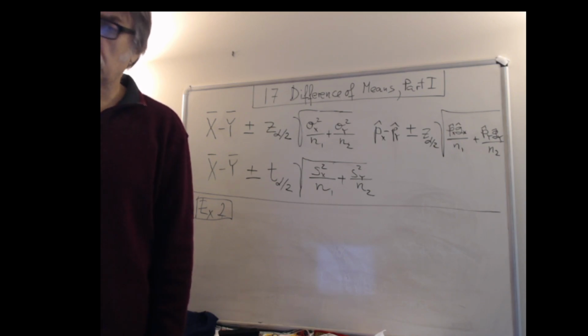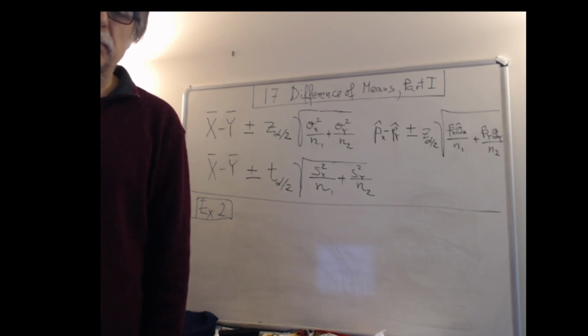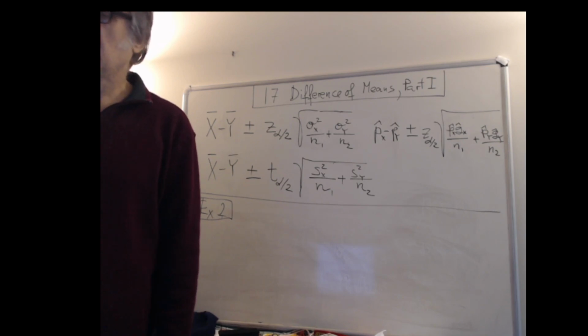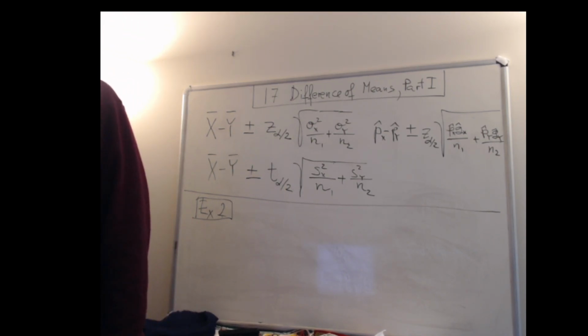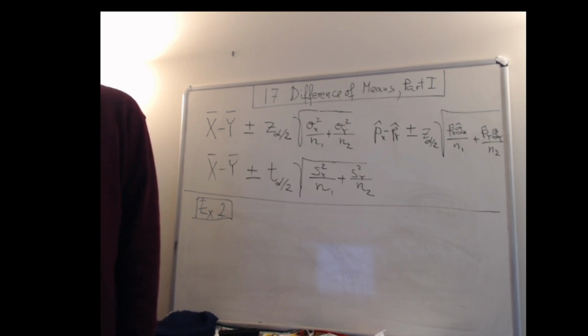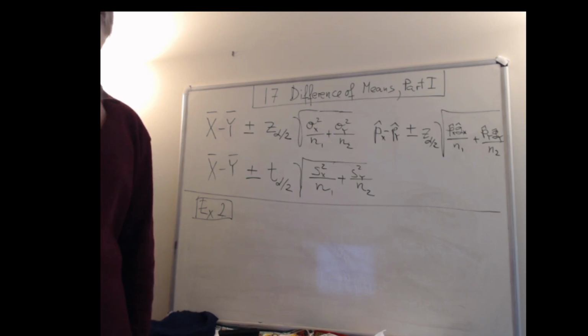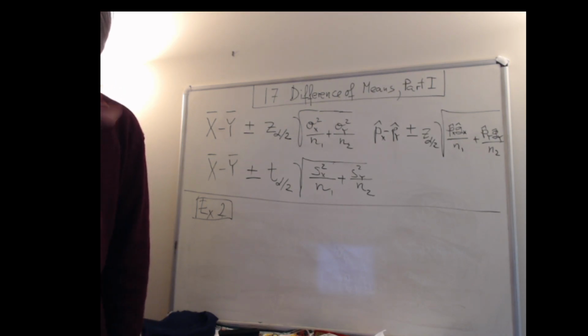So the adults were not that much enamored with that program, but the teenagers were having a much better time with it. Okay, so the question is, can you estimate the difference of the proportion of adults and proportion of teenagers that would like that program in the population? You have a sample of 400, a sample of 600.